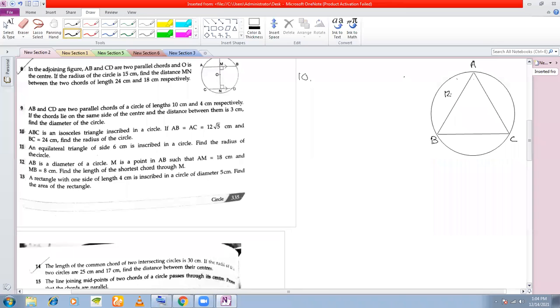So this length is given to be 12 root 5 centimeters. Obviously, I'm not writing the unit because of lack of space. And BC is given to you as 24 centimeters. You need to find out the radius of the circle. So first of all, let O be the center of the circle.